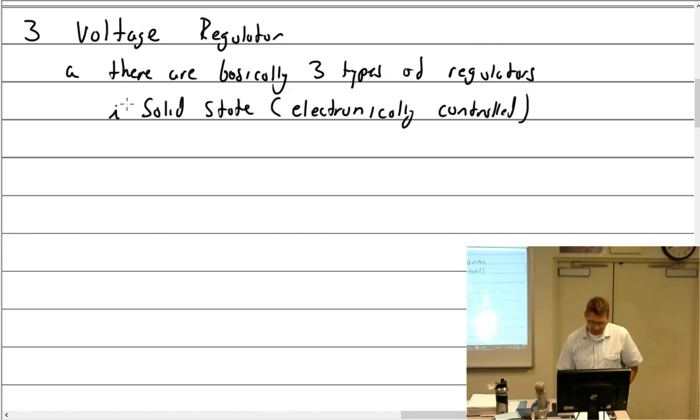We've got, going old school, carbon pile. And we got the vibrator type.